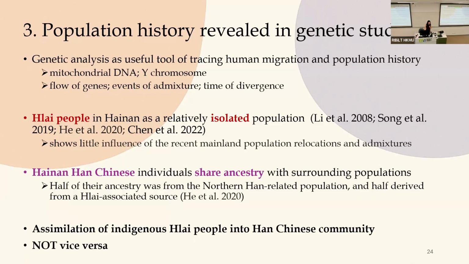Based on the genetic analyses of the Hlai and Han populations in Hainan, we can postulate that there was a large-scale assimilation of Hlai people into the Han Chinese community that took place sometime in the history of Hainan, but not vice versa. On the contrary, the Hlai population remained isolated from neighboring groups, which echoes the description of the more secluded wild Li in historical records that we see.